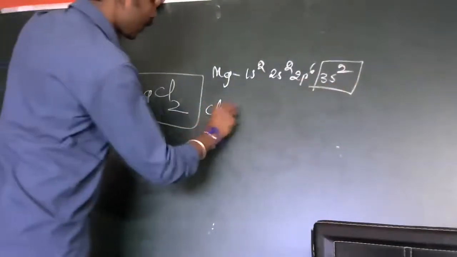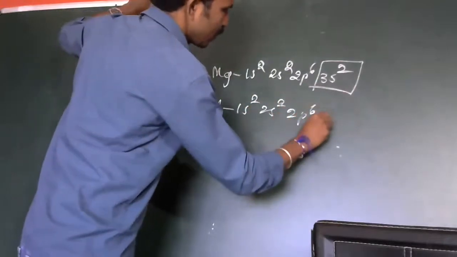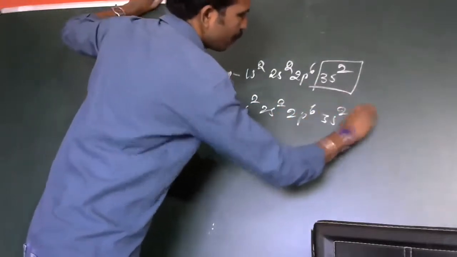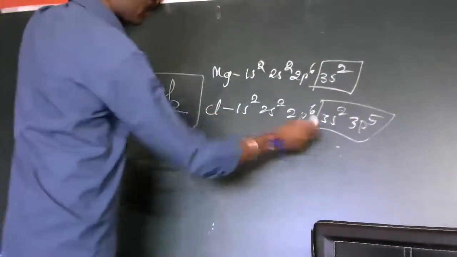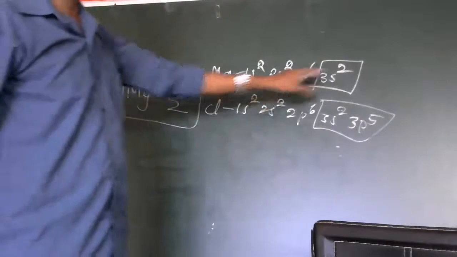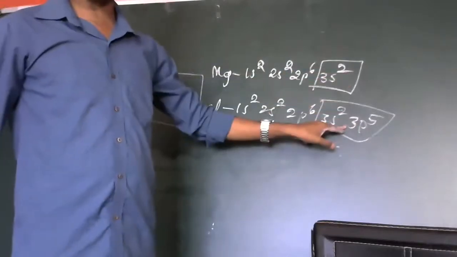And chlorine, 1s2, 2s2, 2p6, 3s2, 3p5. Magnesium has 2 electrons, and chlorine has 7 electrons.